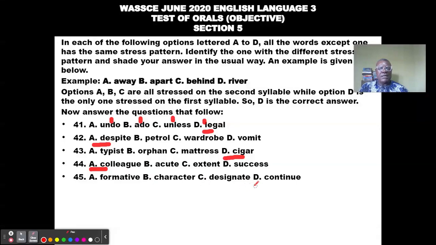And D, continue, stress is actually on the second syllable. All right, so here you see that D is the one with the different stress pattern.